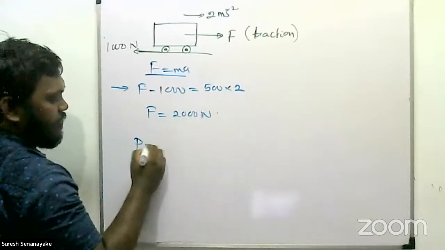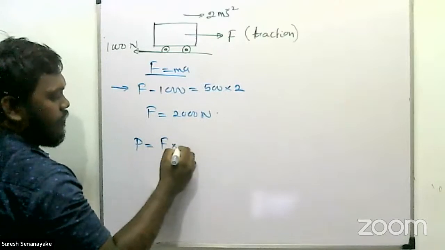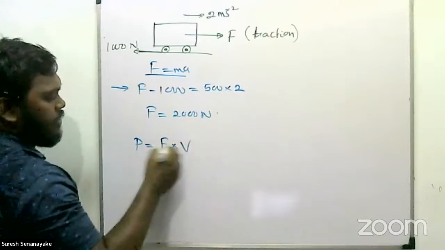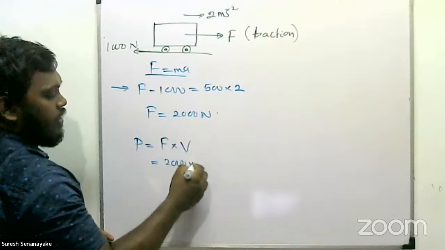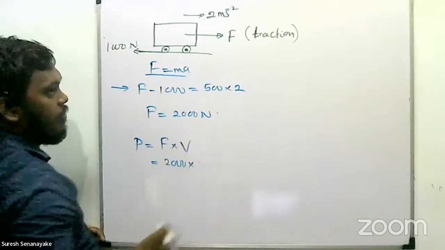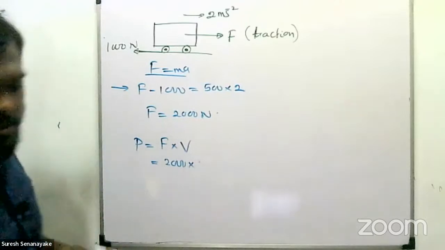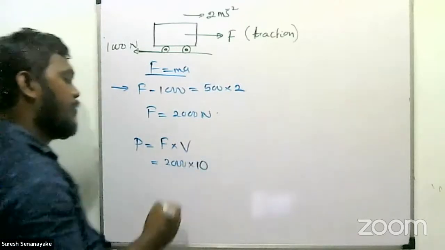So the power is force multiplied by the velocity. This force is 2000, and the velocity, I'm asking you, is 10 meters per second. It is moving at 10 meters per second now.